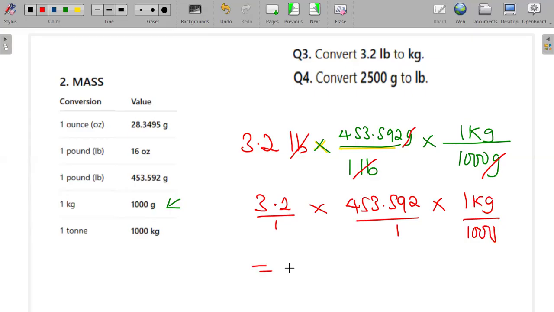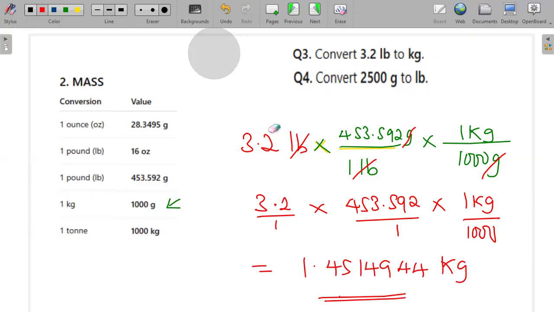When I do that, I get 1.4514944 according to my calculator, and this will be kgs. So 3.2 pounds is the same as 1.4514944 kgs. You can just round it off to 3 significant figures. Then that will be your answer there.